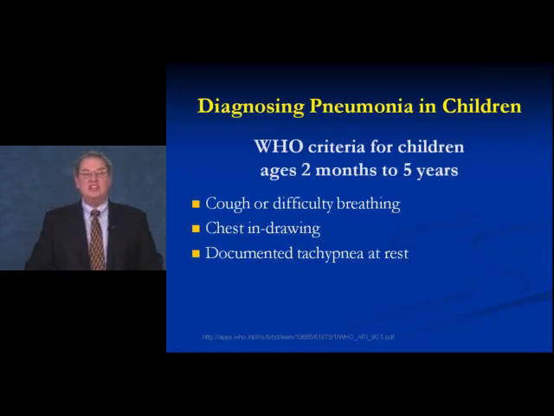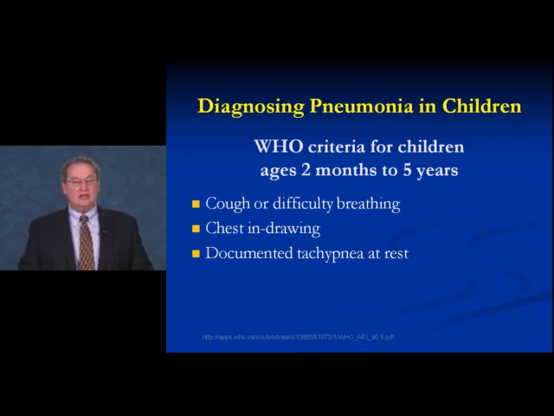So now, considering the diagnosis of pneumonia in children, again referring to the World Health Organization's criteria, they include cough and difficulty breathing, chest indrawing, and documented tachypnea at rest. And it's important when considering tachypnea to be aware that the threshold for determining that a child is tachypneic is based on their age.